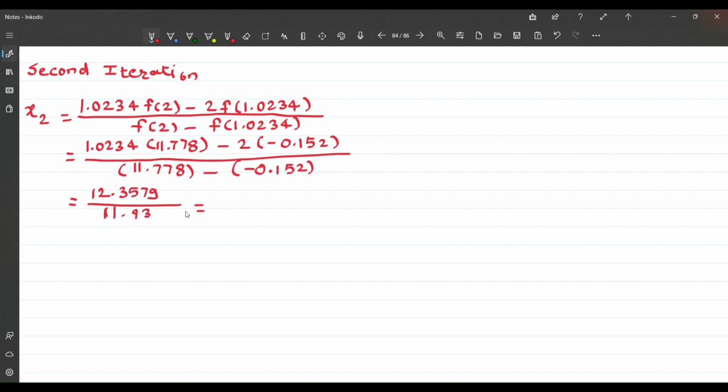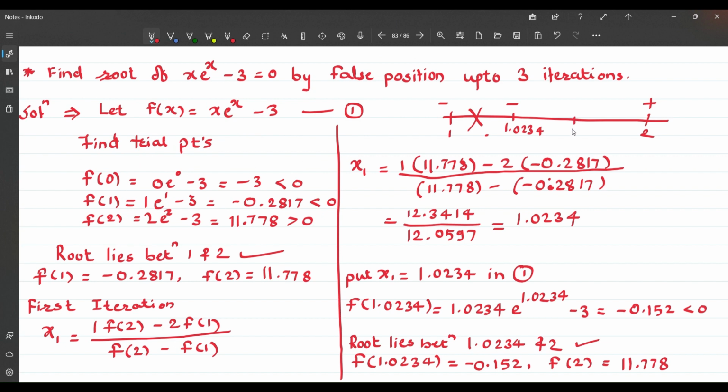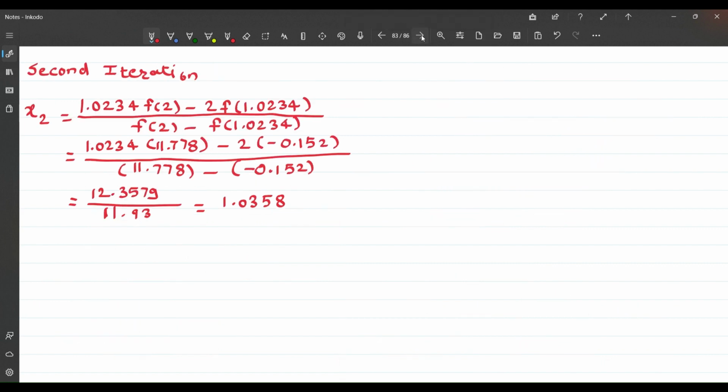And the division of these numbers gives 1.0358. So this is the value of x2. So we'll update this line: 1.0358. Now we have to check whether this function value is negative or positive.